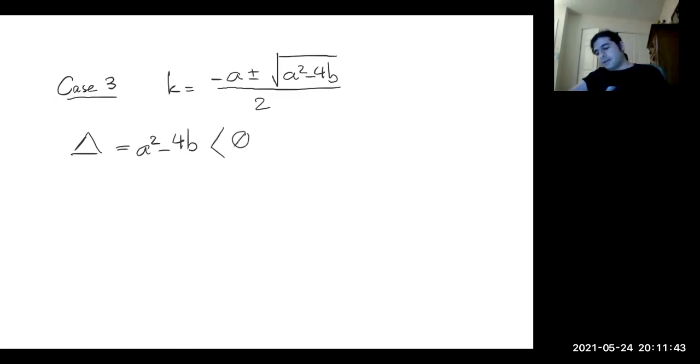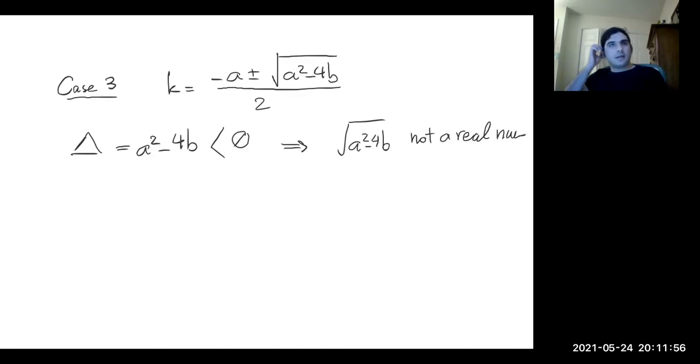When it's negative, this radical is not a real number. It is a complex number, right? So therefore, this k would be a complex number, not a real number.